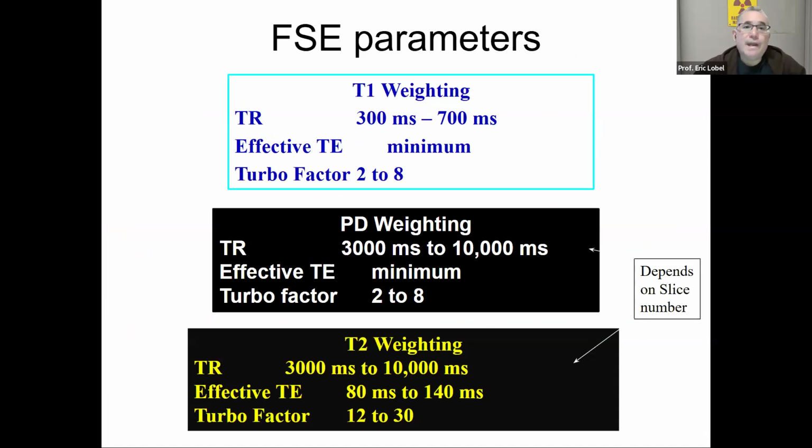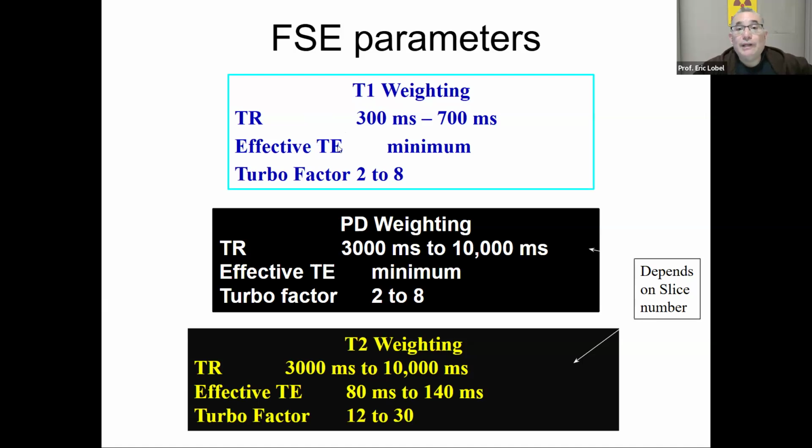So fast spin echo, TR for T1. Remember, for T1 weighting, TRs are not going to be that high. So notice 300 to 700 versus 3,000 to 10,000. Okay.